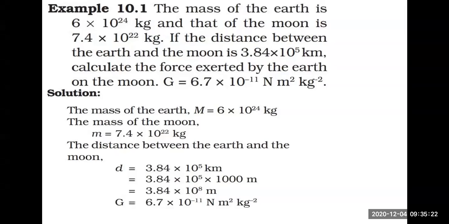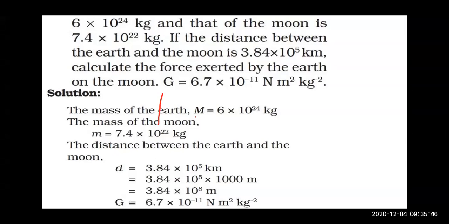Yesterday we did the universal law of gravitation, and the formula we had derived for the law was F, that is force, is equal to the constant G, which is known as the universal gravitation constant.